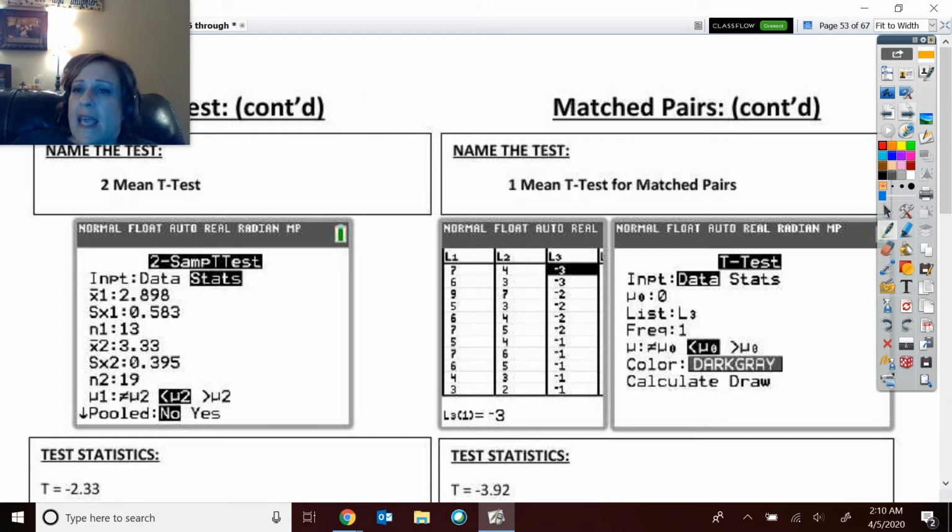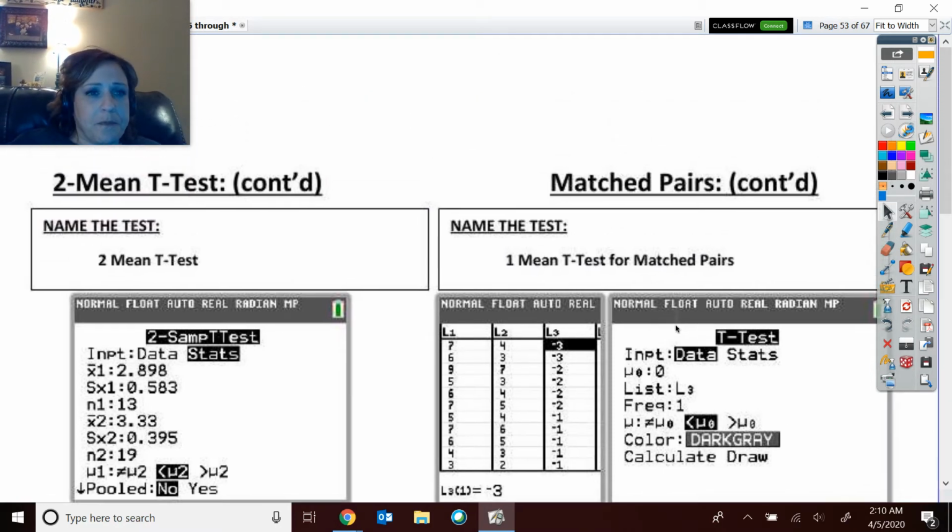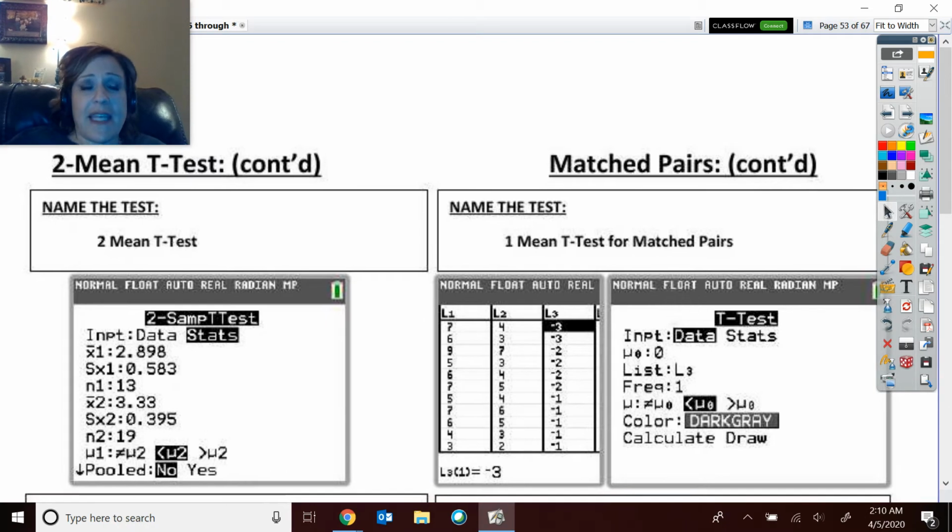Next, here is showing you the name and then how it actually looks different in the calculator, okay? So over here on the left-hand side, we've got the 2 mean t-test, and on the right, the 1 mean t-test for matched pairs. Make sure you indicate matched pairs.